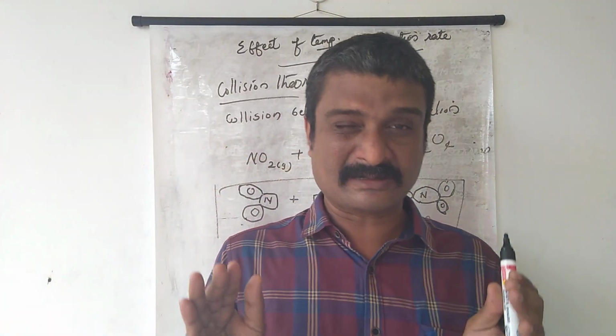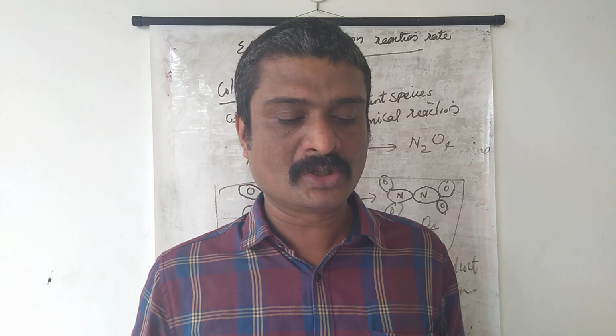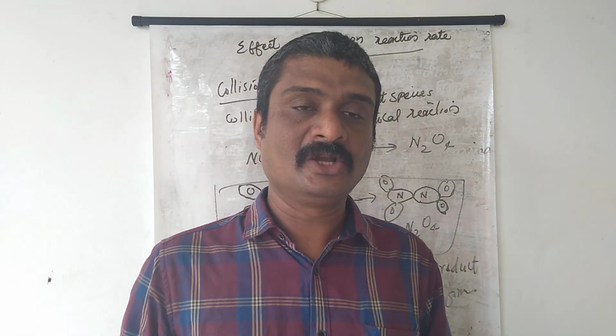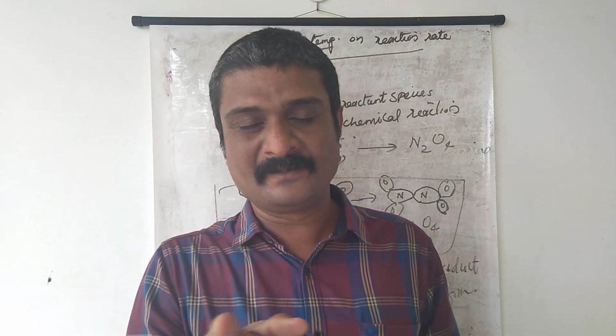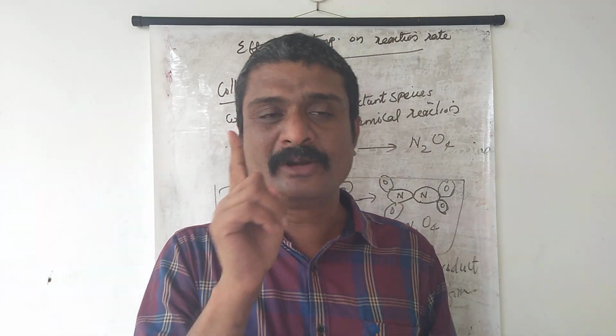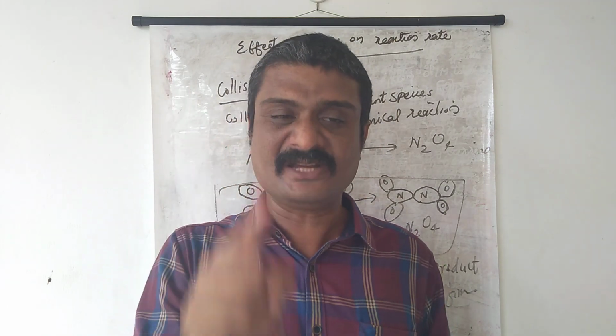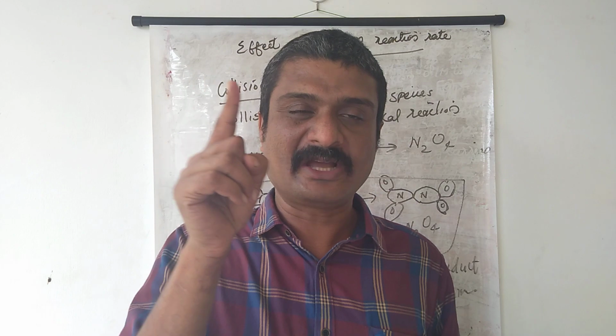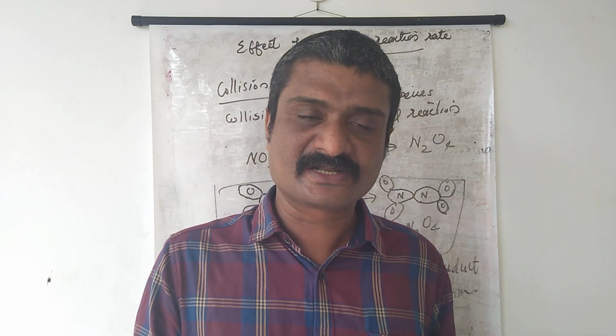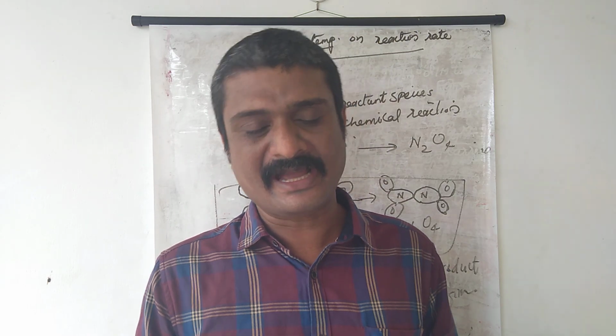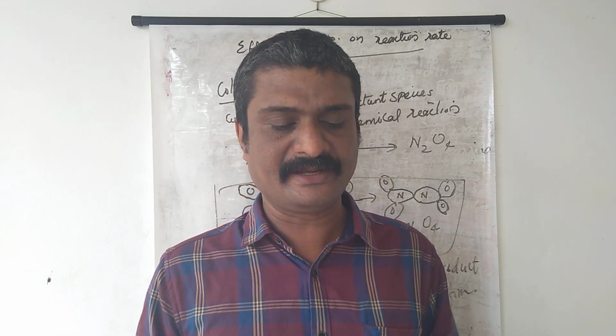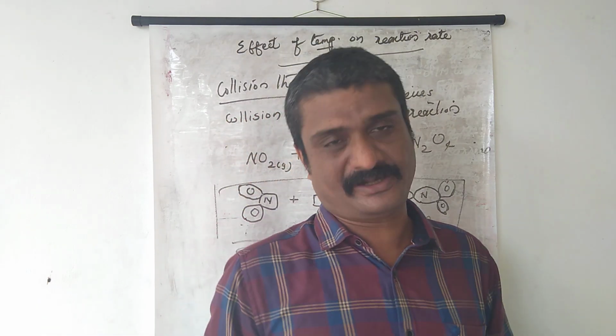Then we can conclude the class. According to collision theory, only effective collision breaks the bond between the reactant species. For effective collision, the reactant species must possess threshold energy, the minimum amount of energy, and proper orientation.